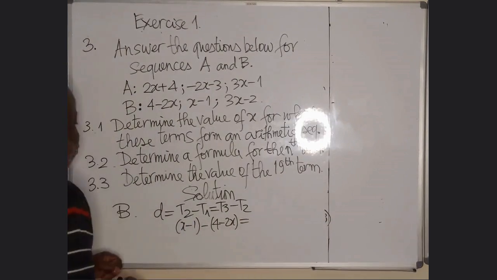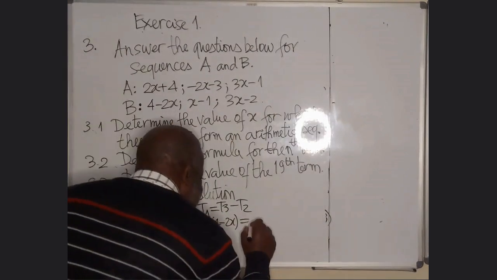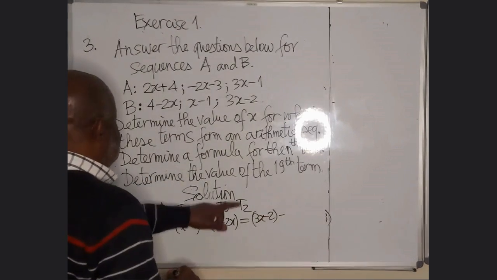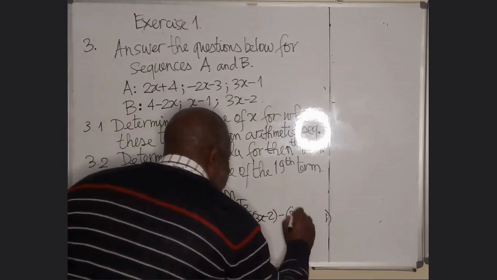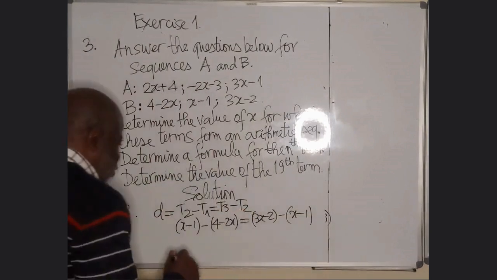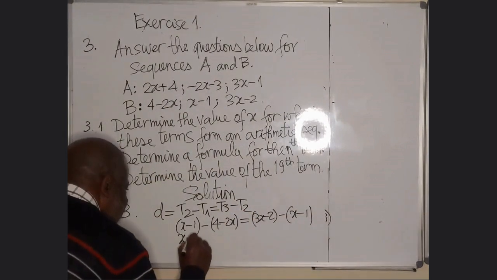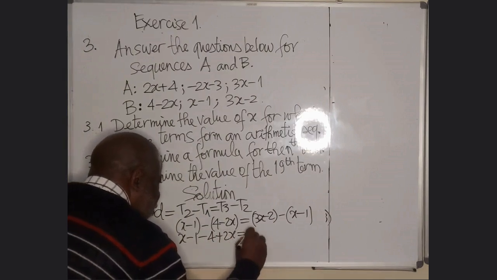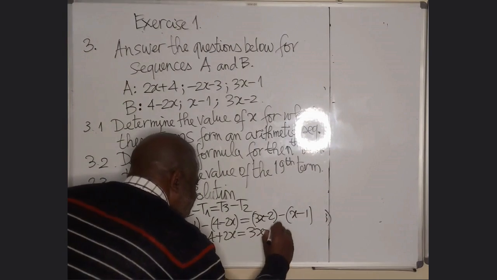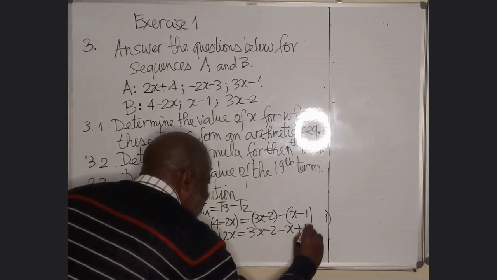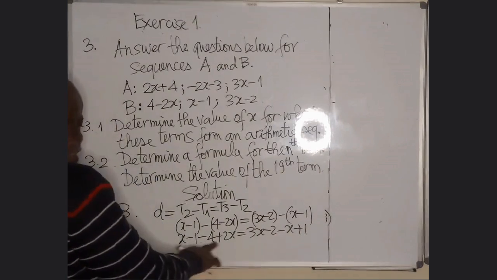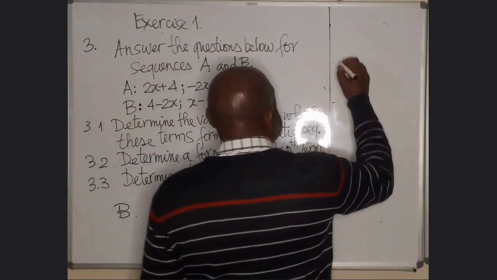This will be equal to T3, 3x minus 2 minus T2. T2 is x minus 1. So we'll be having x minus 1 minus 4 plus 2x is going to be equal to 3x minus 2 minus x plus 1.